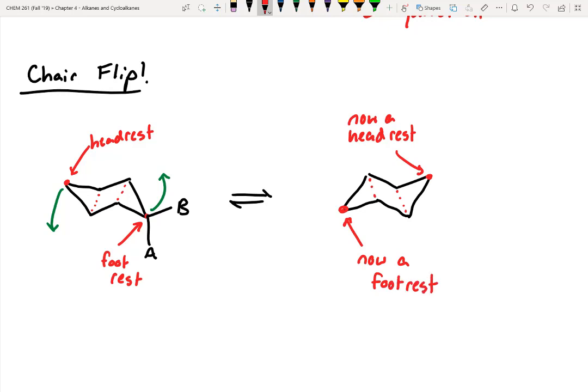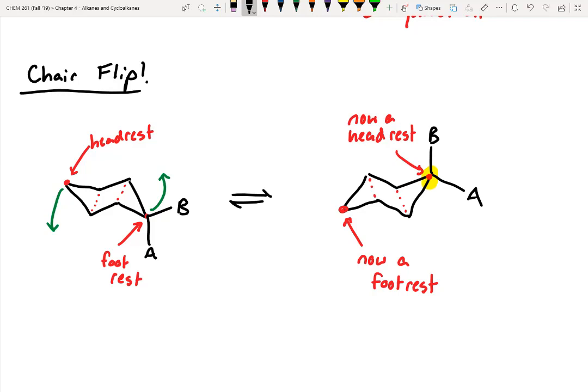We know that the position right here still has two groups coming off of it. One of these groups will be axial, the other will be equatorial. Which group's axial again? B, which means that A must be equatorial. It's kind of weird to think about, right?